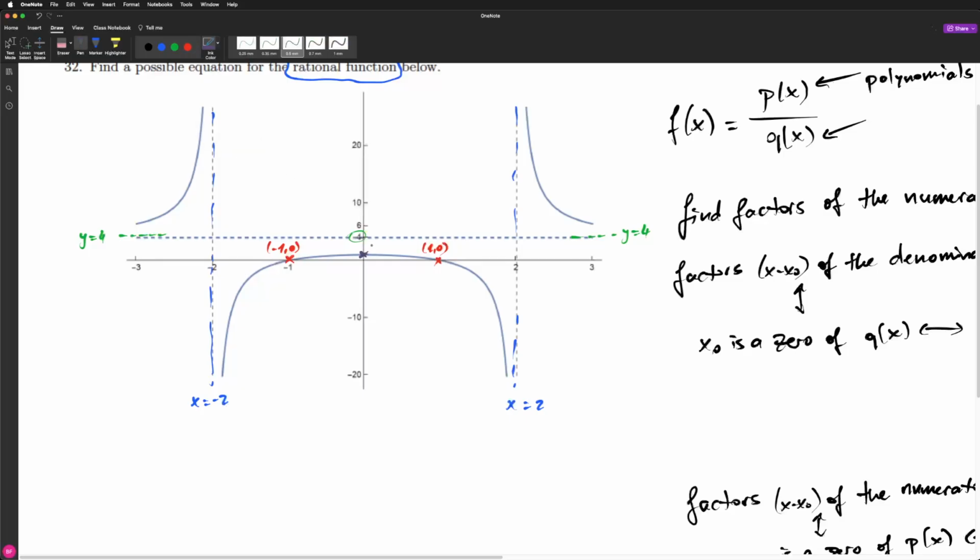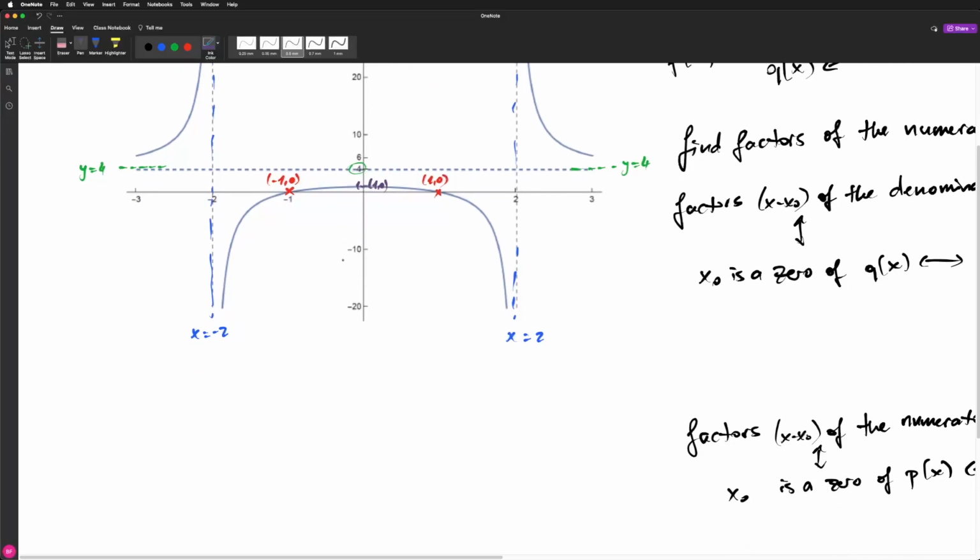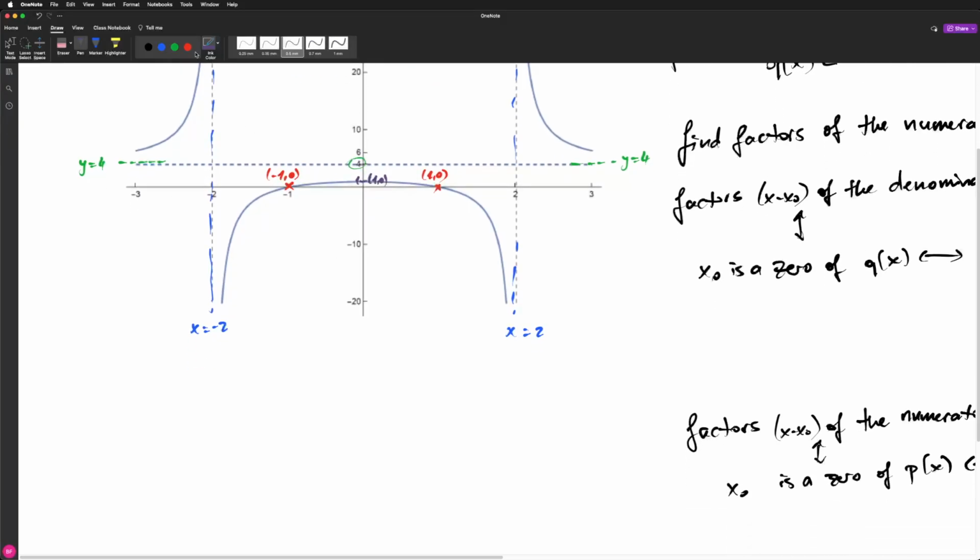I think that's not going to be necessary, but it won't hurt to put it there. I don't even know this number. Is this 1? Maybe not. I think it looks like 1. Let me just put it and see what happens. Anyways, let's start with the blue pieces of information. We have 2 vertical asymptotes.